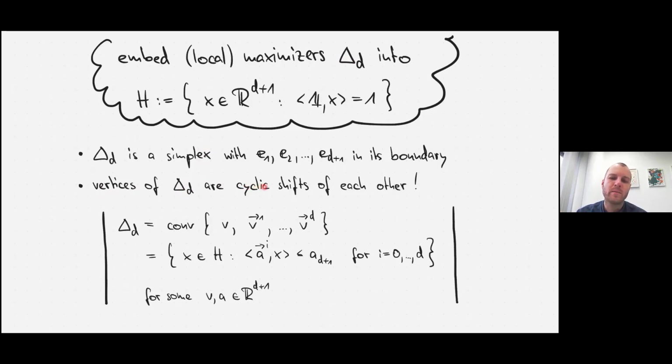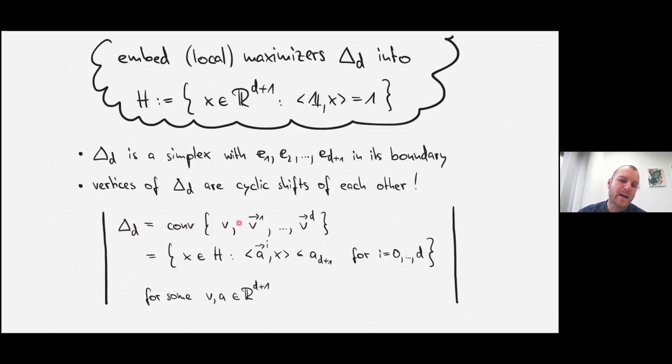What I mean is that there exists one vertex, v, so that all the other vertices are just cyclic shifts. So this is the original vector v, where you shift all the coordinates cyclically by 1 unit, let's say. And here you continue. So it's all the same vector, just a cyclic shift. And you take the convex hull, and this is your simplex.